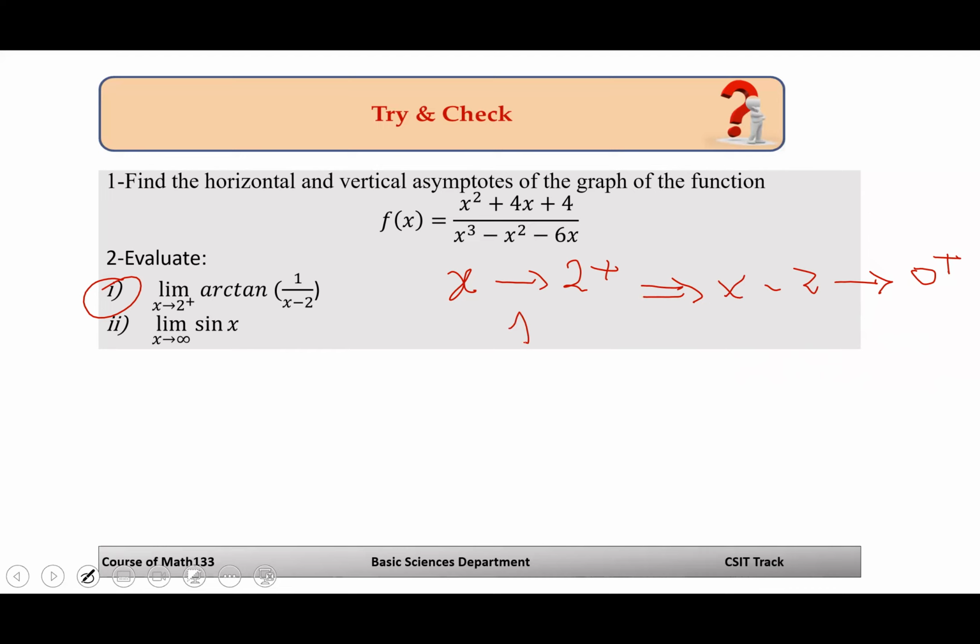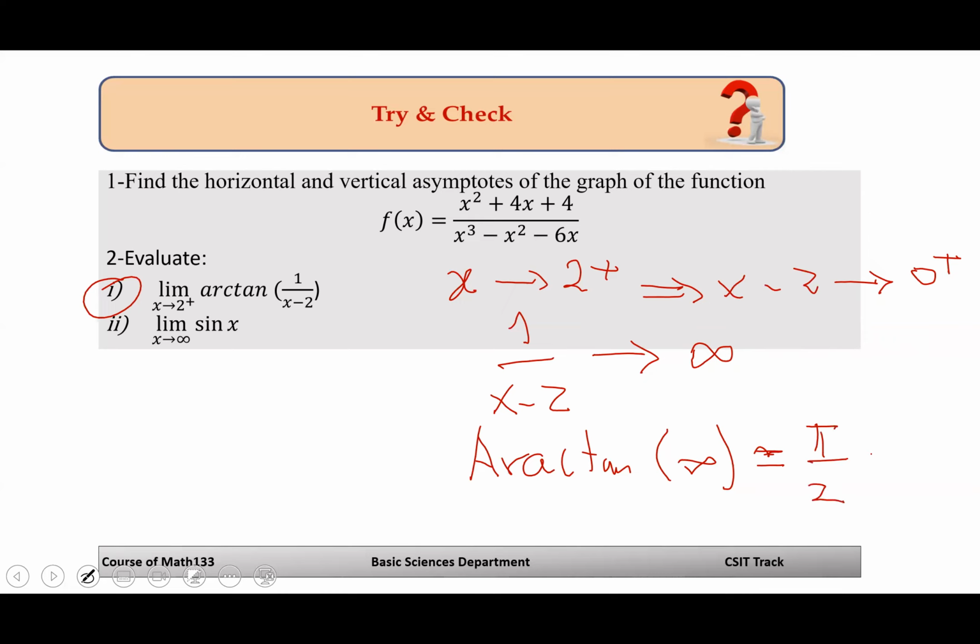What about 1 over x minus 2? It's like 1 over 0 plus, so it approaches plus infinity. What about arctan of plus infinity? This will be equal to pi over 2. This is the limit of arctan.